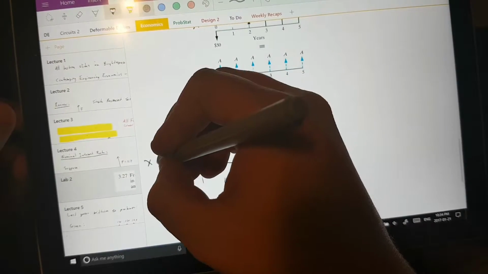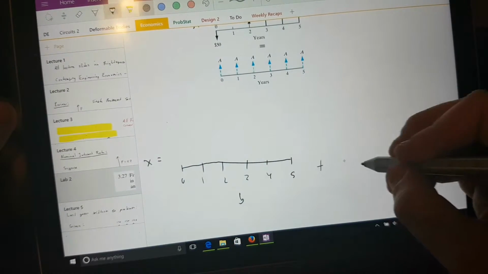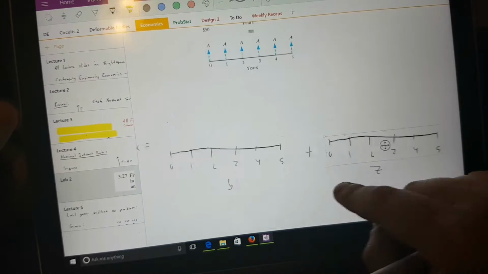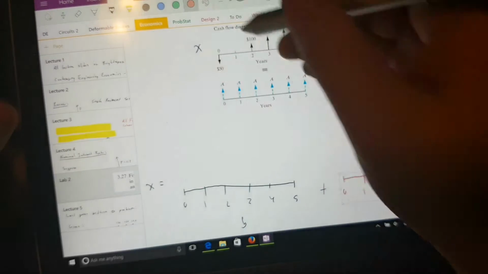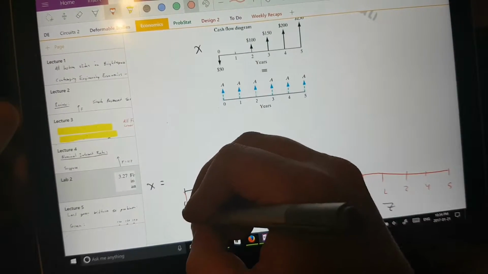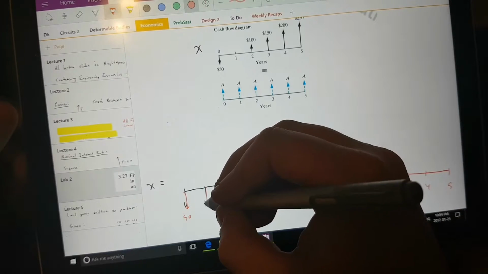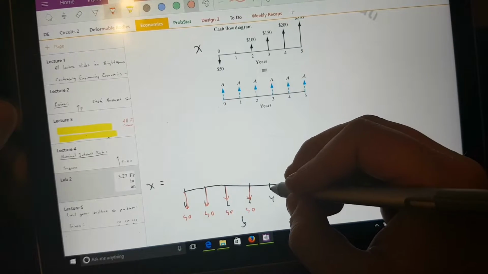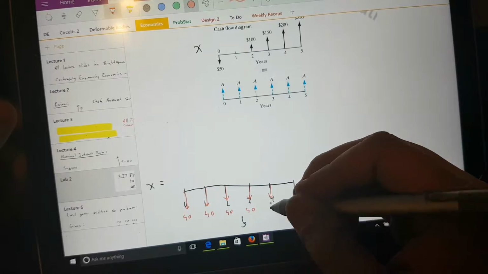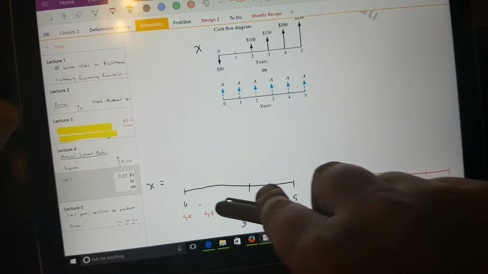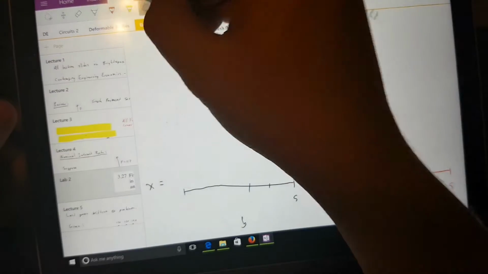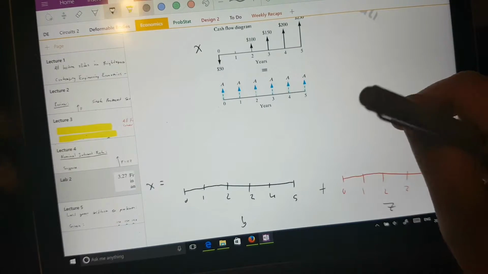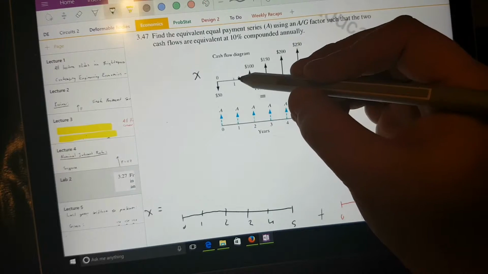So x equals, I'm going to call this y plus z, which is this. So I'm going to say we got 50, and then I'm going to take away 50. Wait. Okay, I need 50 here.